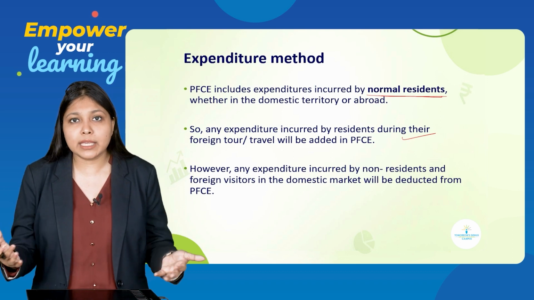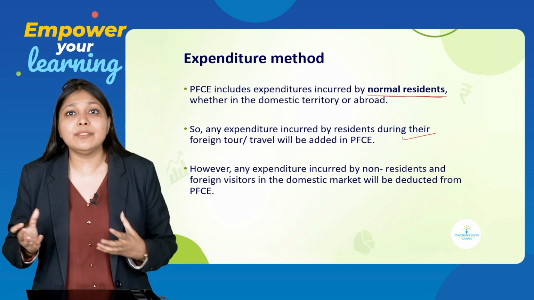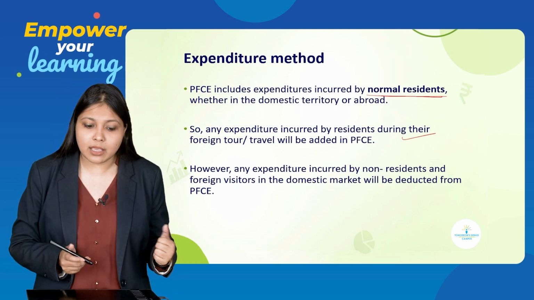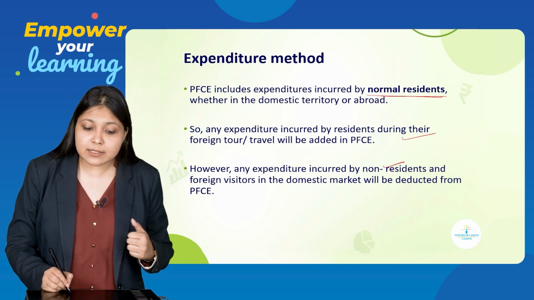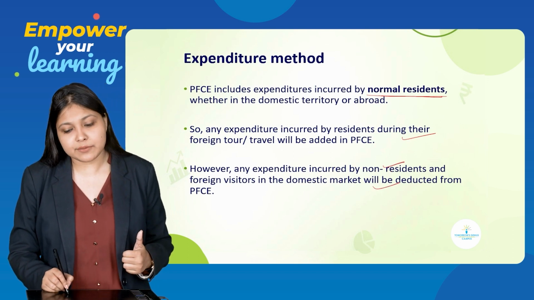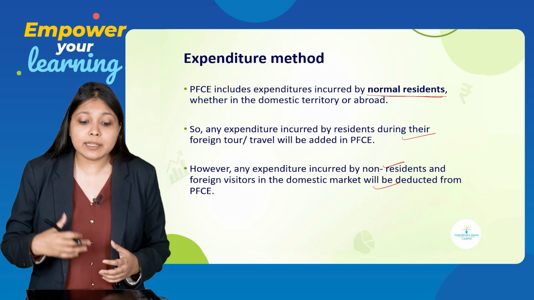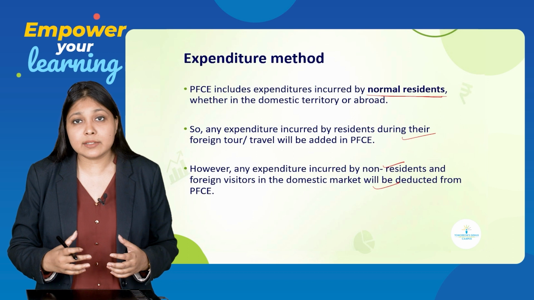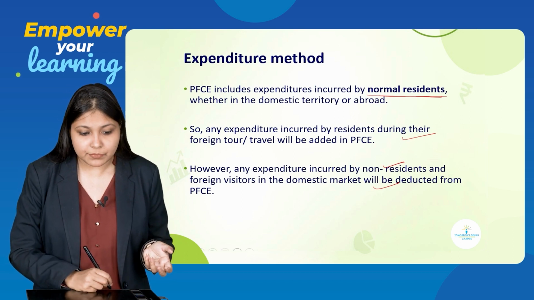If I am going out of the country and doing any kind of expenses, that will be added under PFCE. However, any expenditure incurred by non-residents and foreign visitors in the domestic market will be deducted from PFCE. So if a foreigner is coming into our country and doing transactions, that will be deducted.